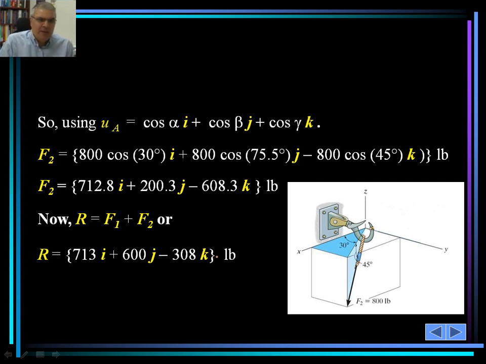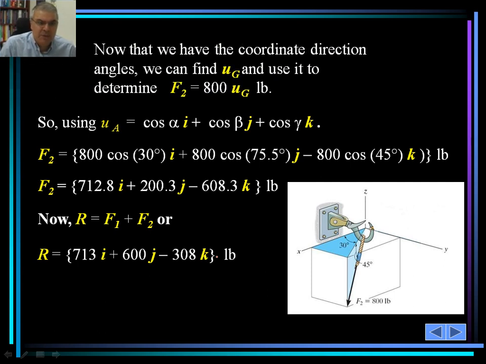We can simply get F sub 2, and now the problem is almost solved. R would be F1 plus F2, or R would be simply 713i plus 600j minus 308k pounds. So we pretty much calculated the result. So we have the coordinate direction angles.